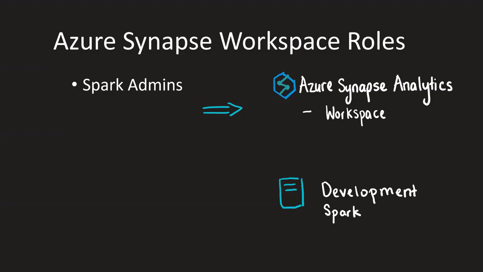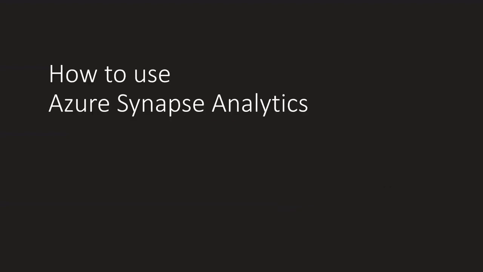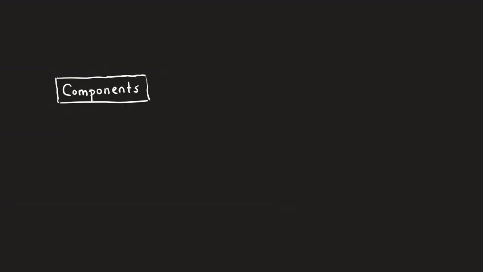And now we're actually going to get to the fun stuff, how to actually use Azure Synapse Analytics. We now have an overview of the different components of Azure Synapse Analytics and how those components fit together. We have a little understanding of where they fit in the different stages of a data project.